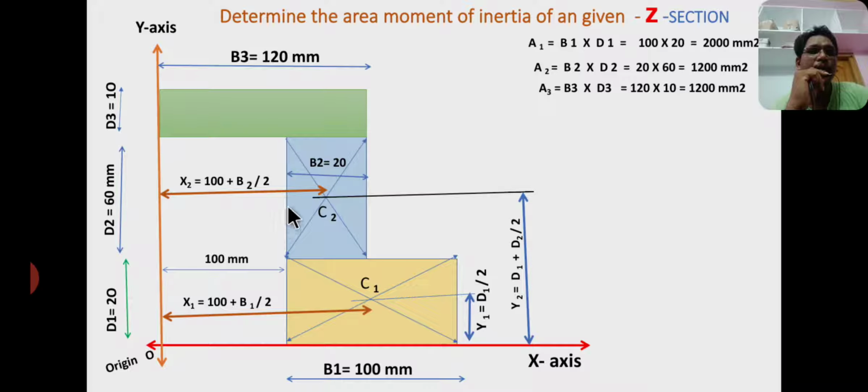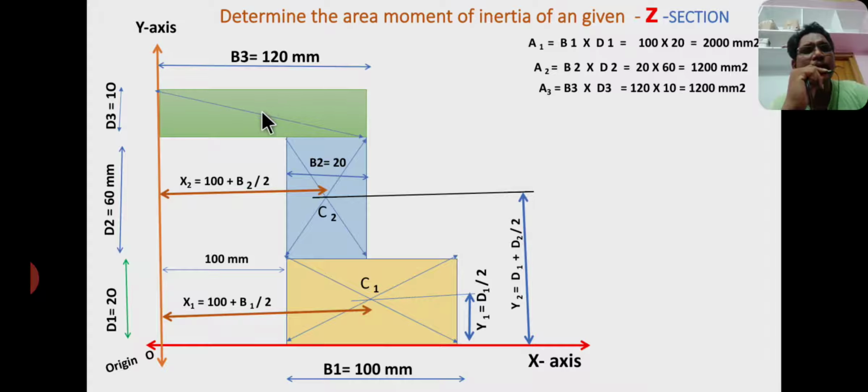Okay, from here to here value is b2, so you have to consider half of the base, that is 10 mm. From here to here 10 mm plus 100 mm, that is 110. X2 equal to 110 mm. Now y2 equal to, from here to here the value is half of the height, and from here to here equal to height of the bottom section, that is d1. From here to here d1 plus half of the height d2 by 2. So y2 equal to d1 plus d2 by 2.